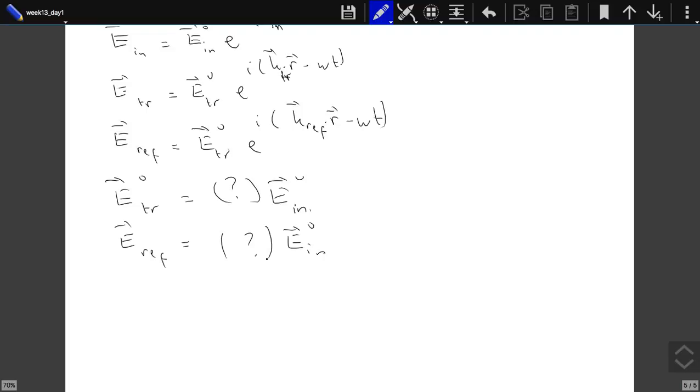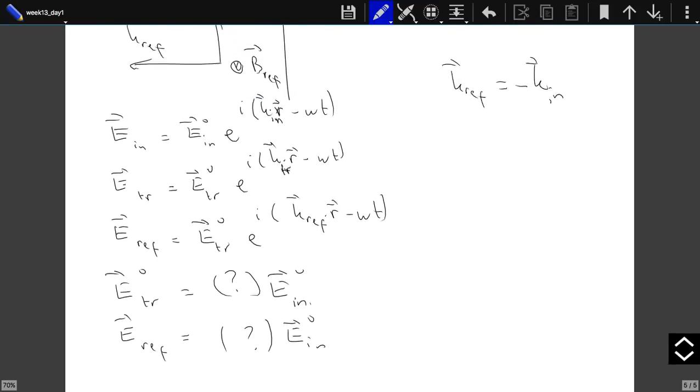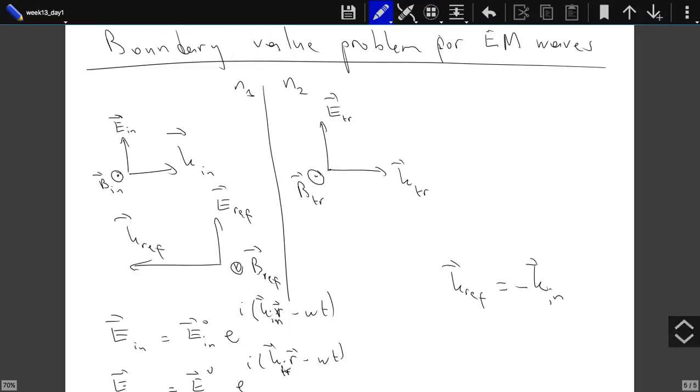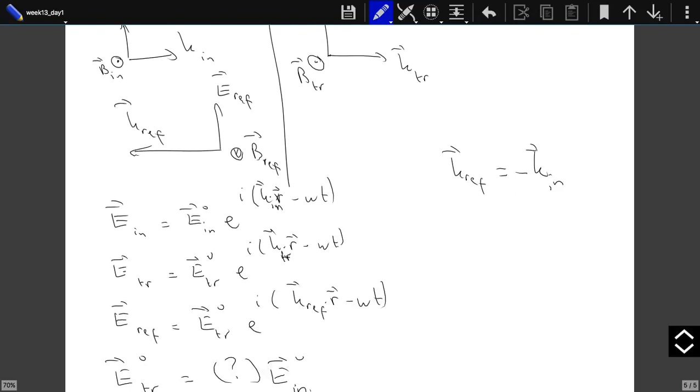Omega. Well, you see, what is omega? How will we find these relations? We will basically use the boundary conditions. We will use that the parallel and perpendicular components are continuous at all times.